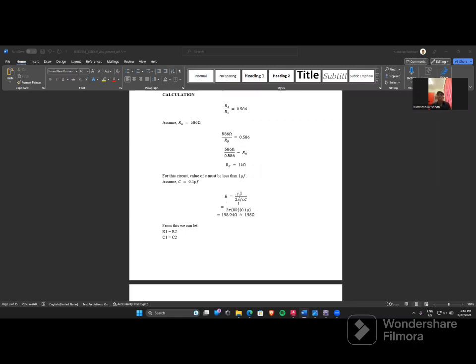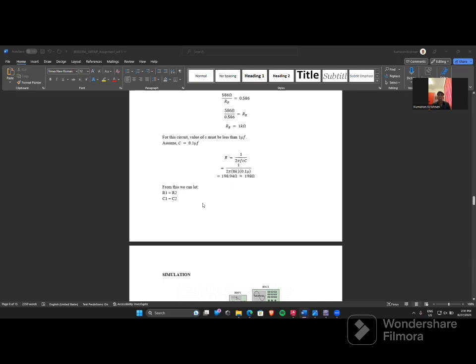Then I use the equation FC equals 1 over 2 pi RC, and change R to be the subject to find the resistor value. The cutoff frequency FC is 8 kHz, which is given, and with the capacitor at 0.1 microfarad, we calculate R as 198.94 ohms.